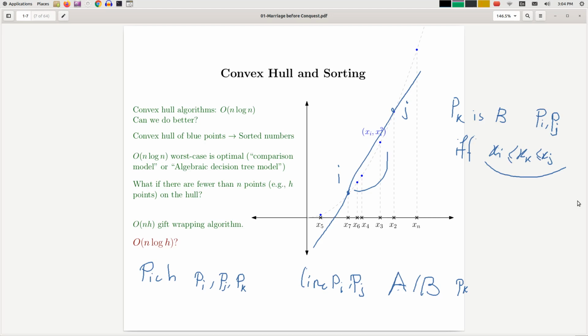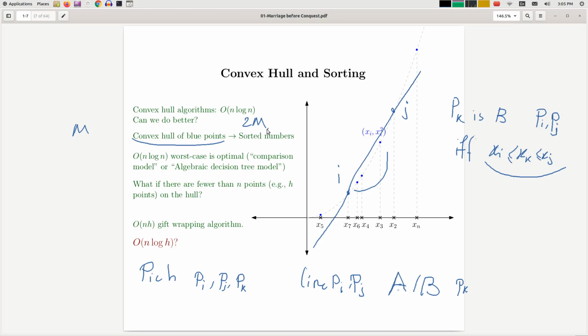In other words, the sidedness tests that we're using here are only a constant factor more complicated than comparisons. Actually a factor 2, because you could maybe simulate two comparisons with one sidedness test, but you can't do much more than that. So if you could sort a bunch of numbers using, say, m sidedness tests, then you can also sort them with 2 times m comparisons.